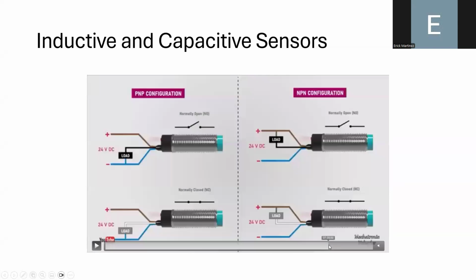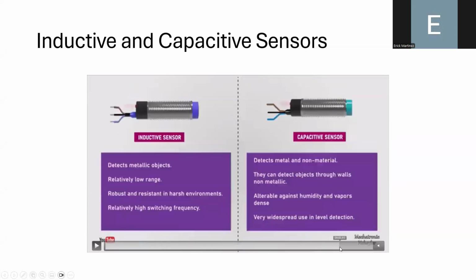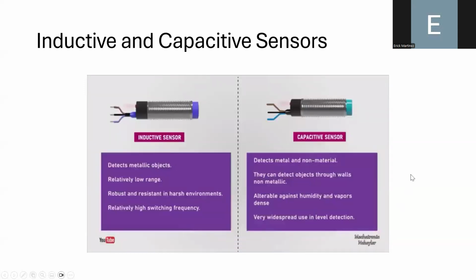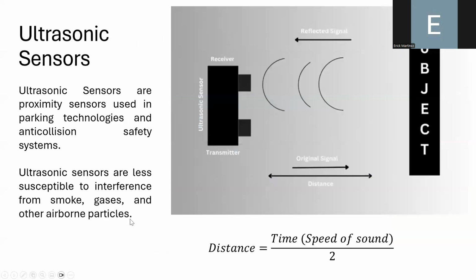And I think that here they are showing you the different types of connections that you need to make in order to configure the capacitive sensor as a normally open and normally closed contact. And here it is showing a summary of the differences between inductive and capacitive sensors.